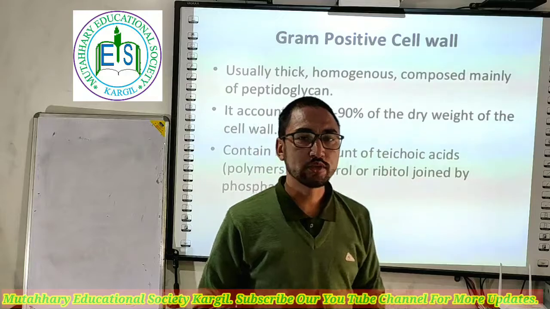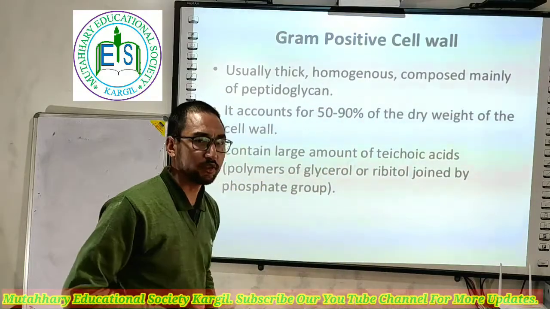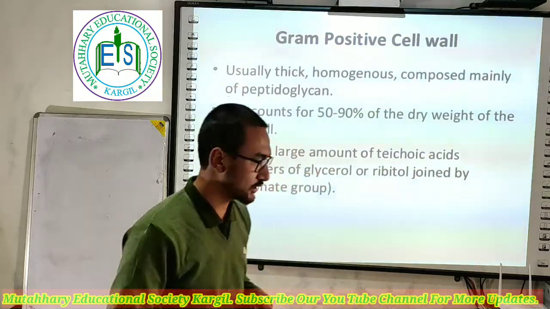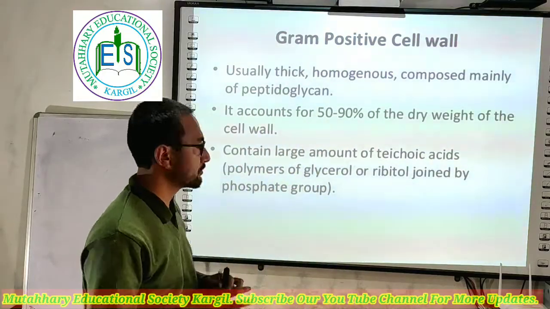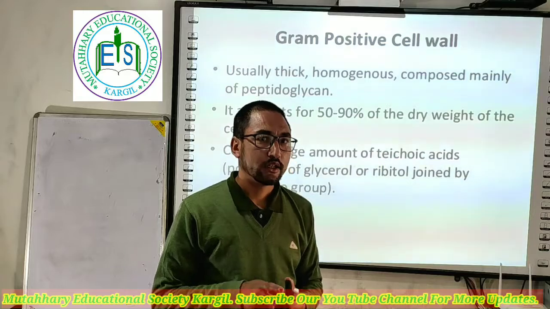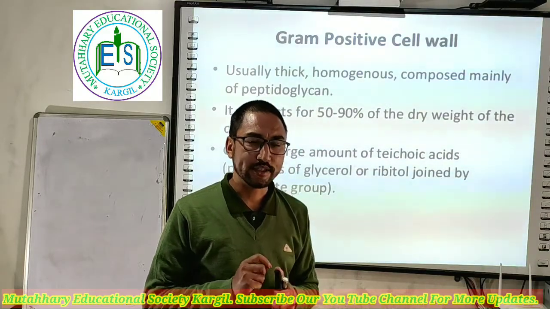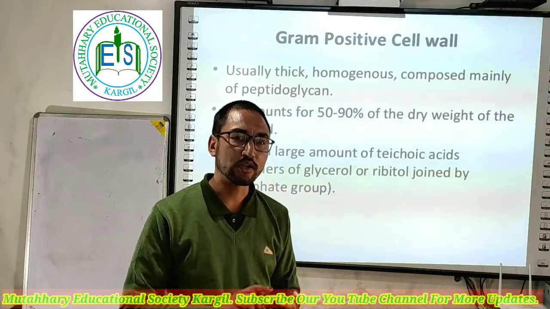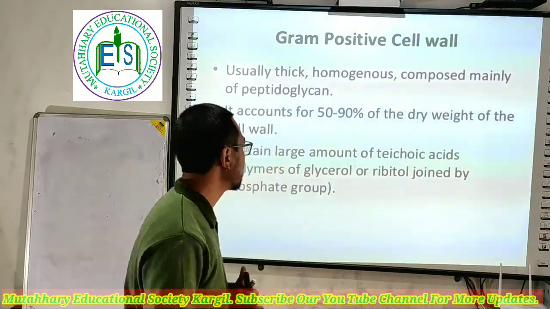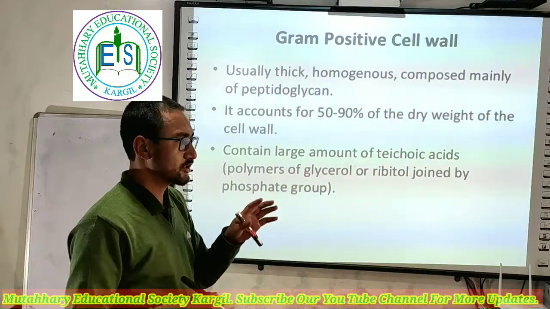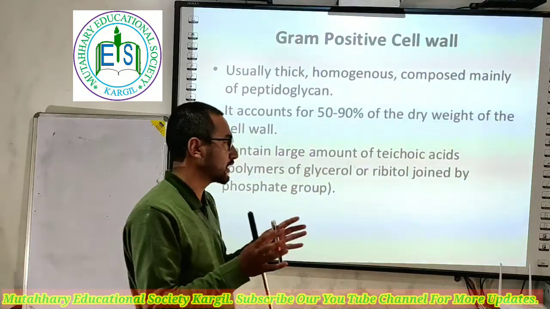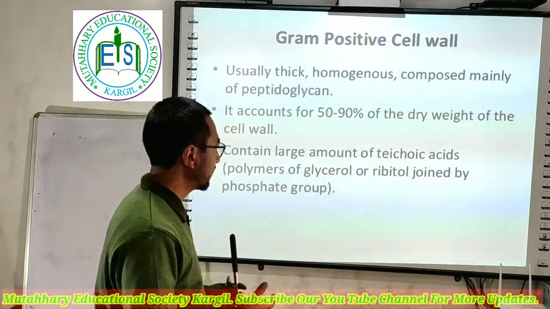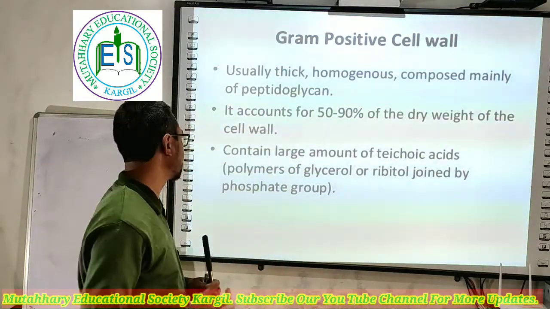Now moving on to the gram-positive cell wall. Usually they are thick, they are homogeneous in nature. We have already discussed, composed mainly of peptidoglycan. In the previous slide, we said that the basic difference is presence of a huge amount of peptidoglycan versus a little amount of peptidoglycan. So it's homogeneous. There is no haphazard shape, and the peptidoglycan is in a much higher concentration.